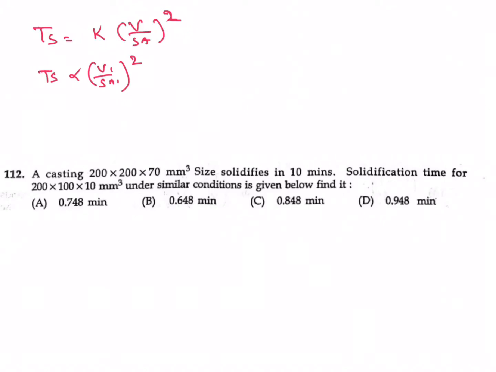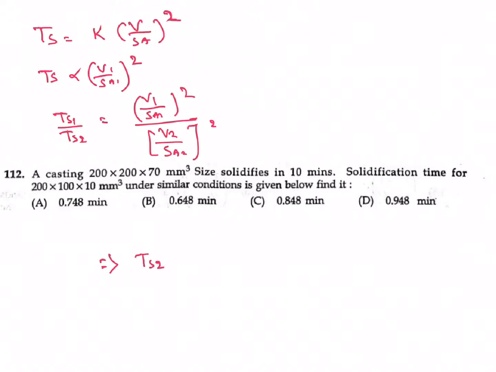Its square, so TS1 by TS2. Put the values, you will get TS2 equal to... this is 2.